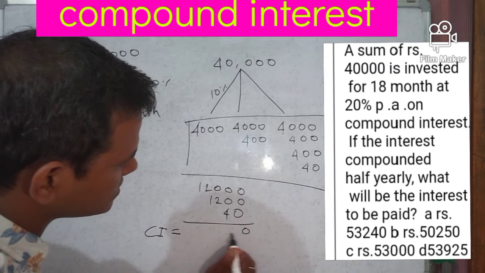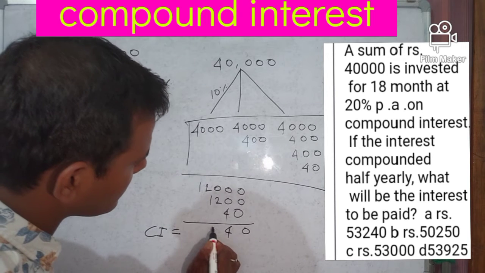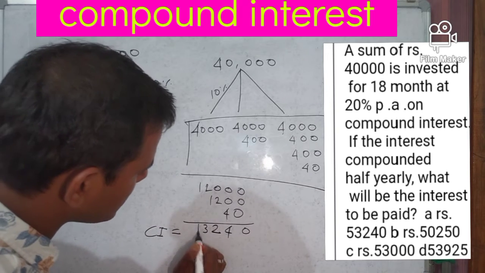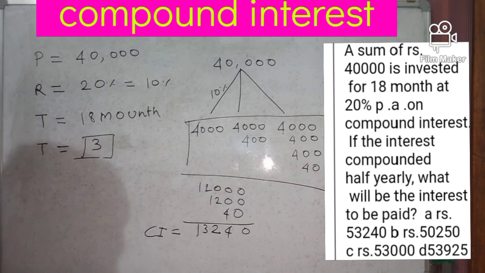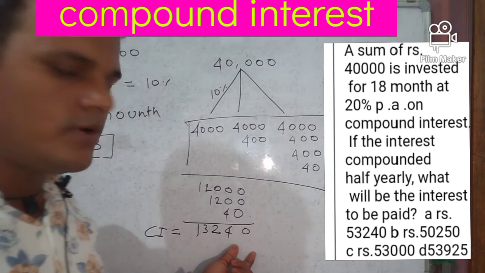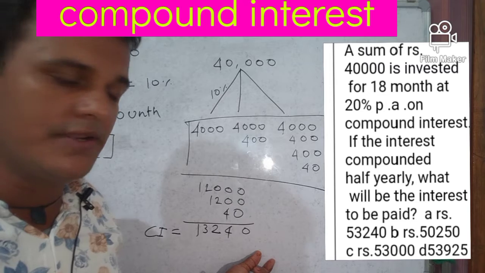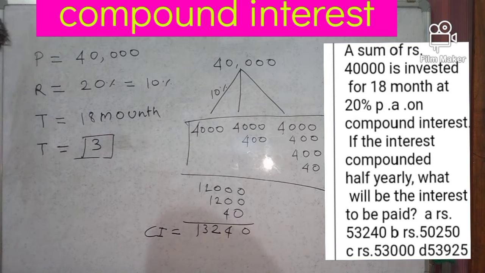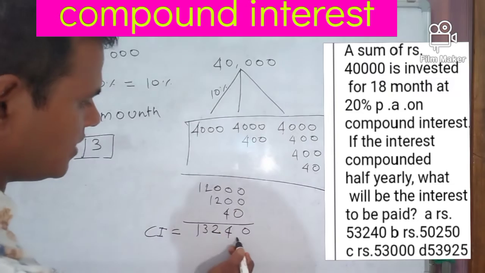So 0, 4, 2, 3 and 1. So 13,240 is our compound interest. The question is asking what will be the interest to be paid. So compound interest is 13,240.